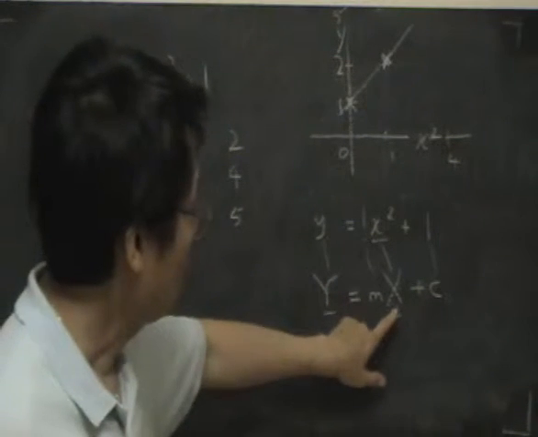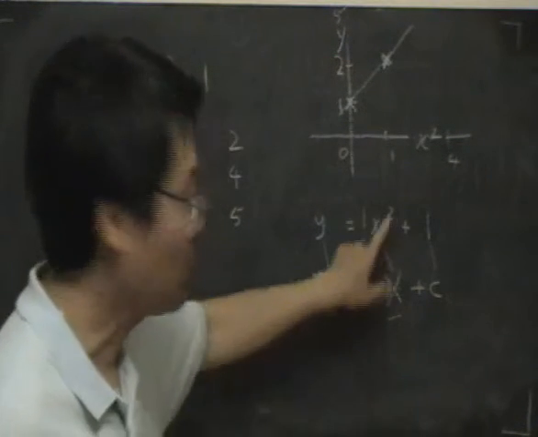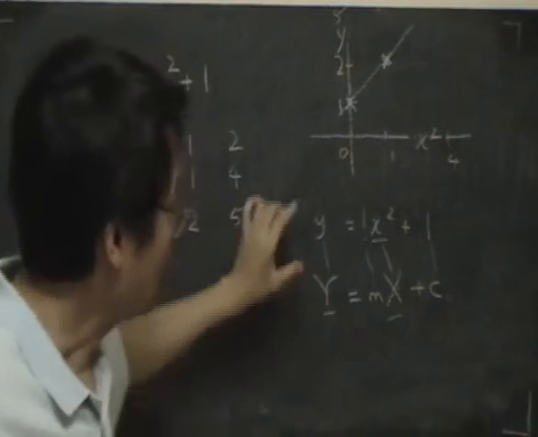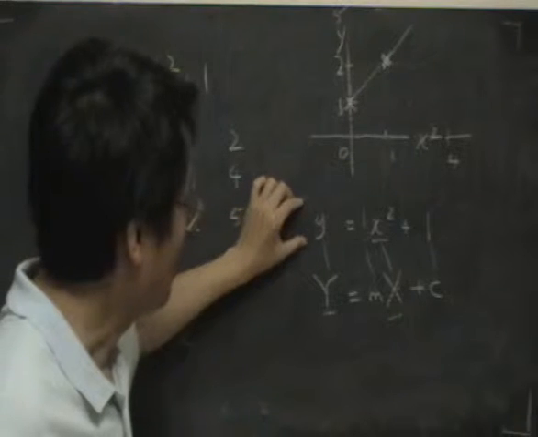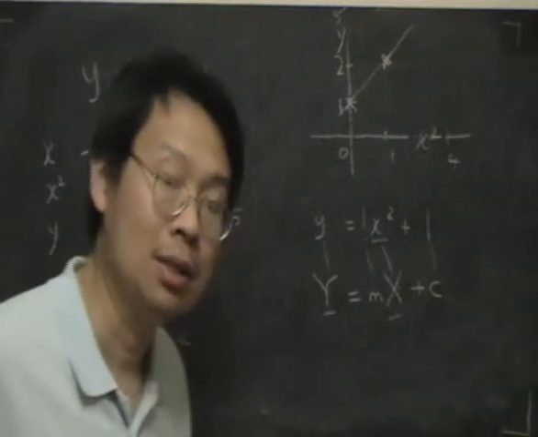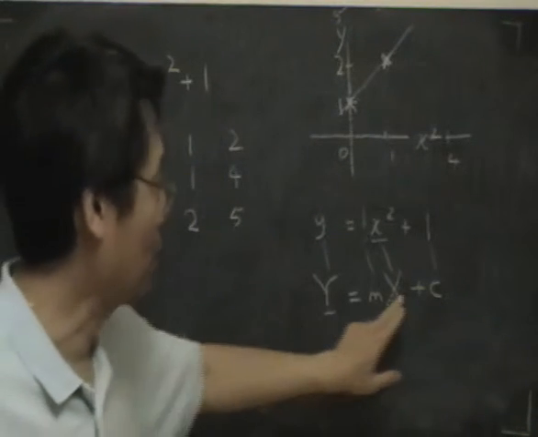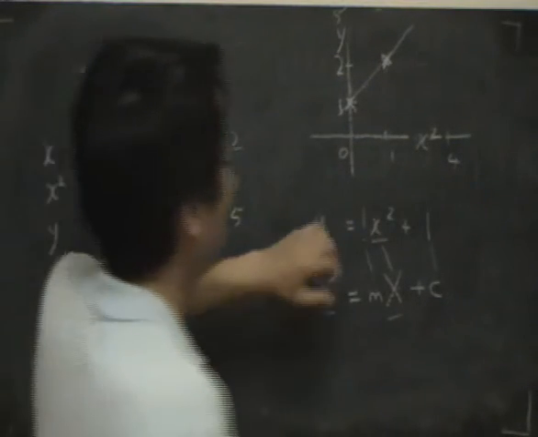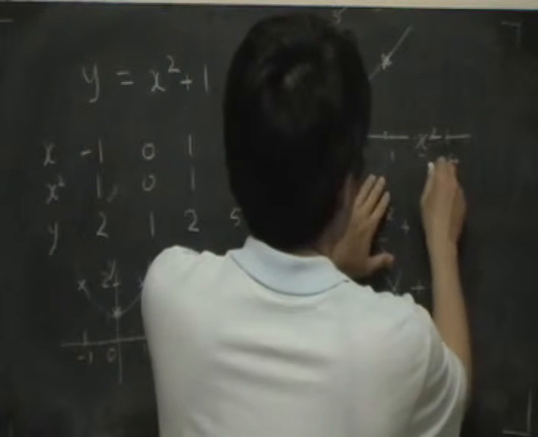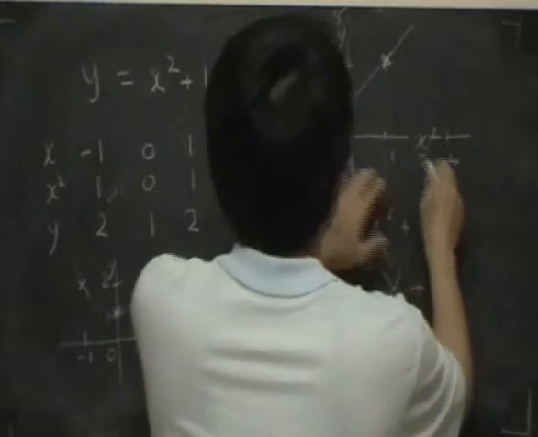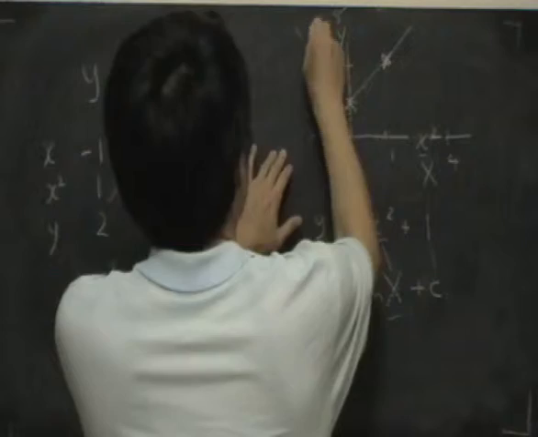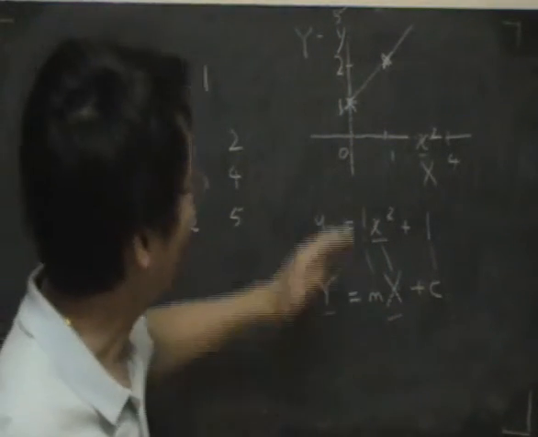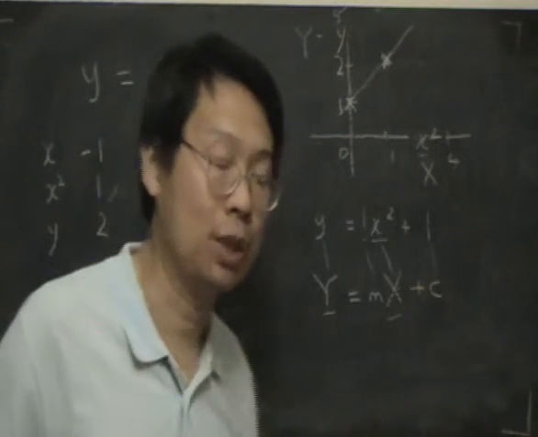So if you let capital X be x squared, you can see immediately that if you plot y against x squared, it's the same as plotting capital Y against capital X. You must get a straight line. Okay, so what I've done here is the x squared there is actually capital X, the y there is the capital Y, and I know that if I plot capital Y against capital X, I have to get a straight line.